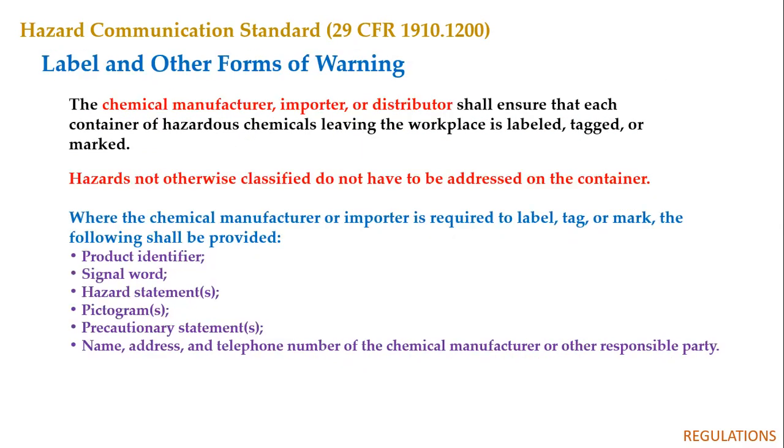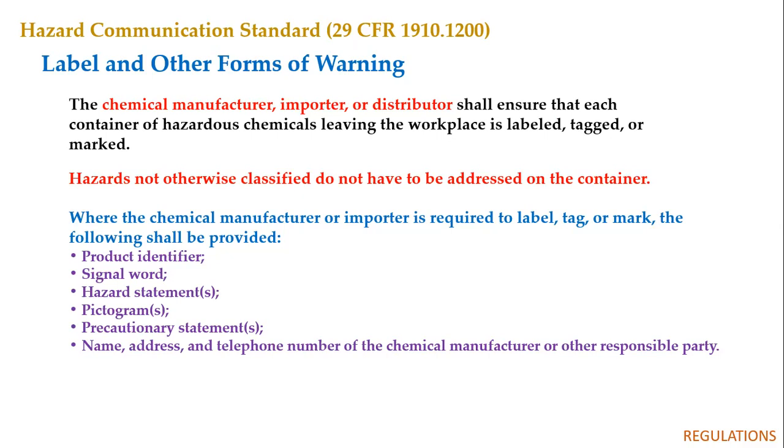Now the next topic is about labels and other forms of warning. The chemical manufacturer, importer, or distributor shall ensure that each container of hazardous chemical leaving their workplace is labeled, tagged, or marked. Hazards not otherwise classified do not have to be addressed on the container.